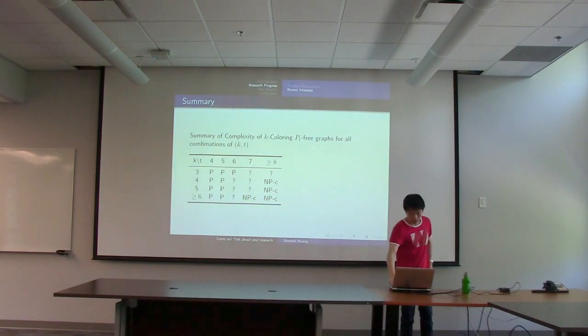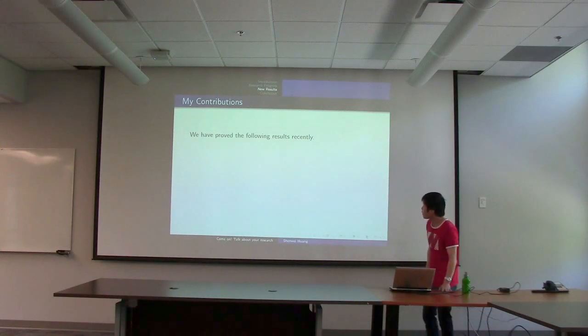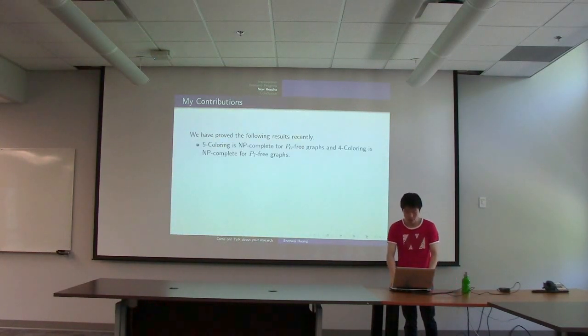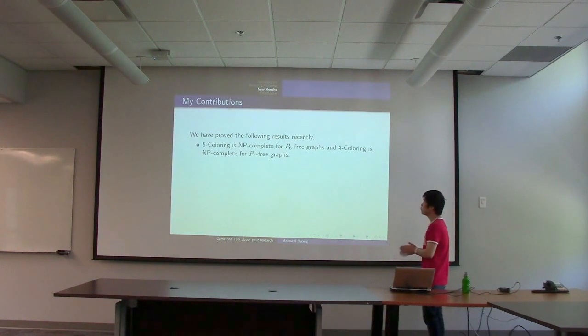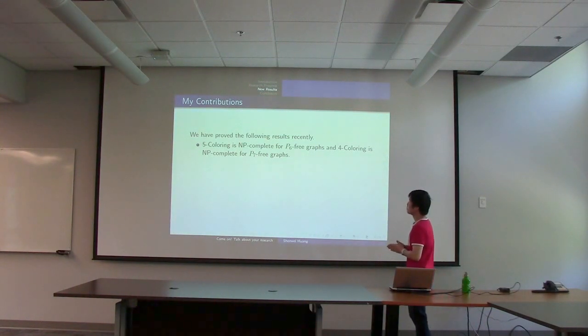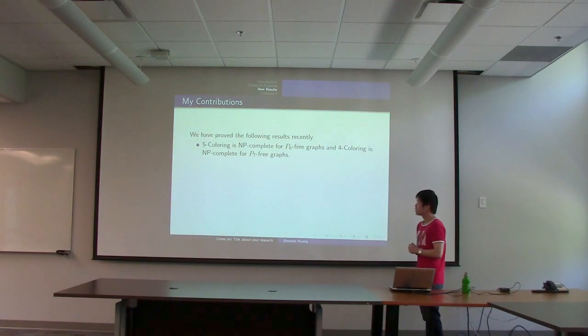So what I have proved recently is the following. I have proved these two new results. One is 5-coloring is NP-complete for P6-free graphs, and 4-coloring is NP-complete for P7-free graphs.